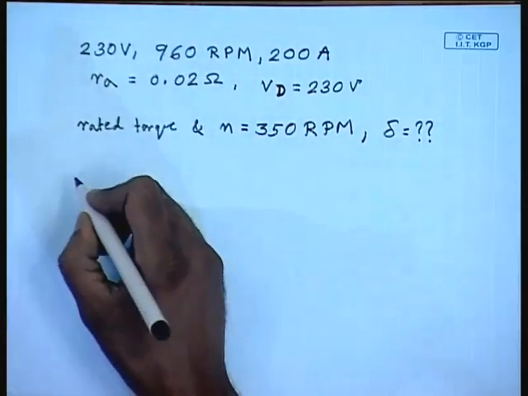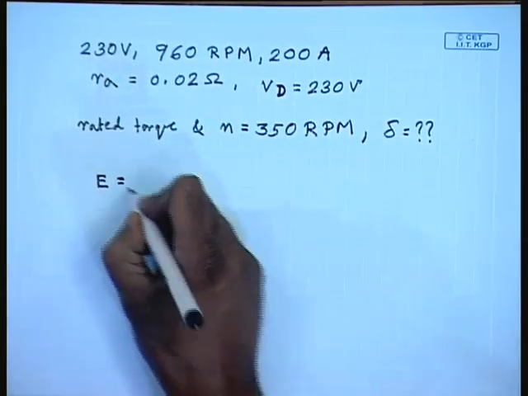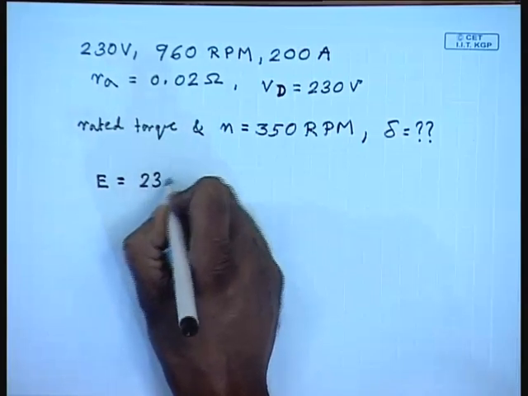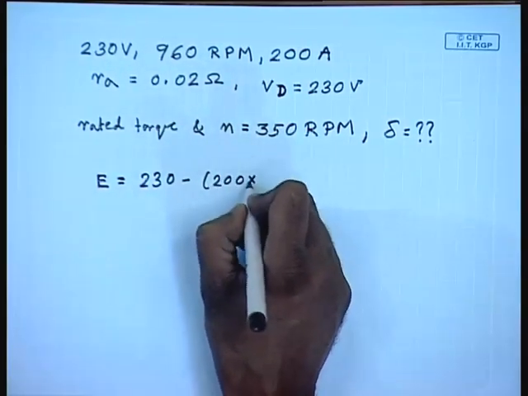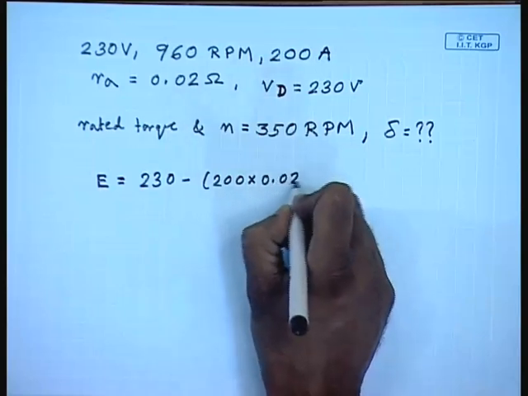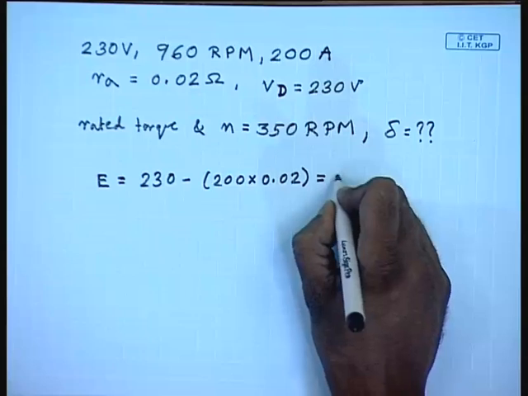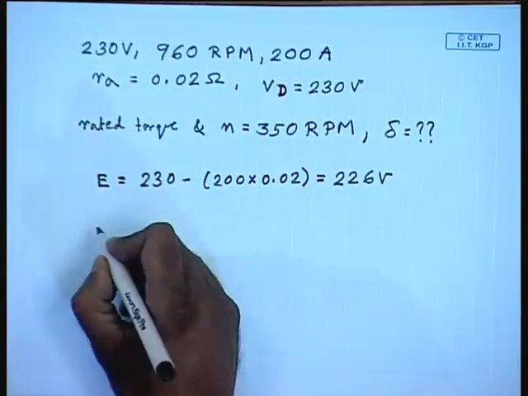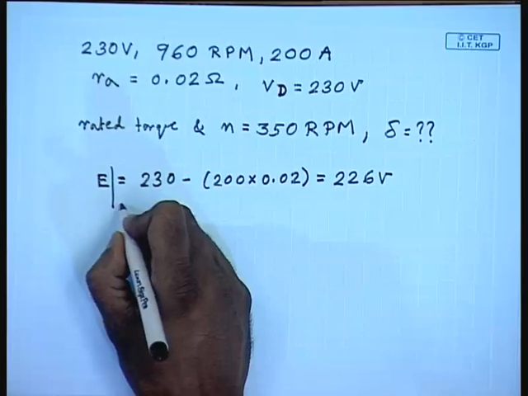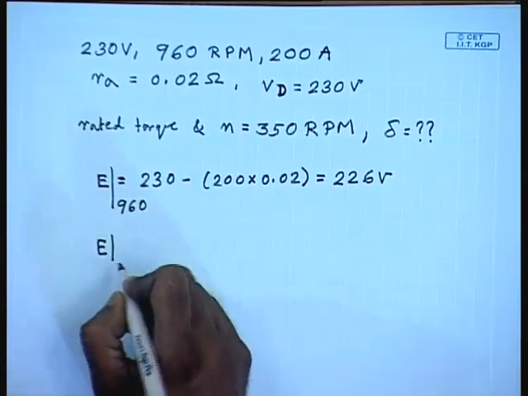Under rated condition of the machine, we know E equal to 230 minus IA RA, so this is E at 960 RPM. So, E at 350 RPM is 82.4 volts.